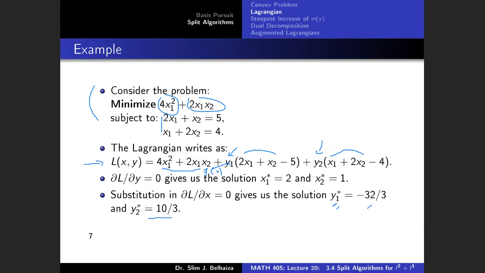Now I would like you to observe something. Can you say that this objective function is separable? This is a function of two variables, x1 and x2. But can you write it as a sum of two functions of x1 and x2? Is it possible?